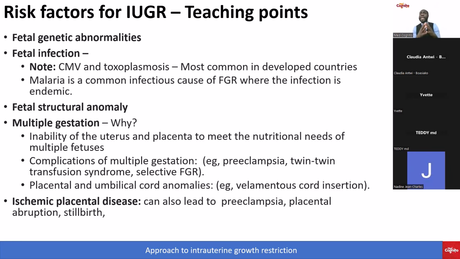And it could also be ischemic placental disease, where the blood flow to the placenta itself has some issues. Examples in cases of preeclampsia, examples in cases of placental abruption, abruptio placentae itself, and even stillbirth.